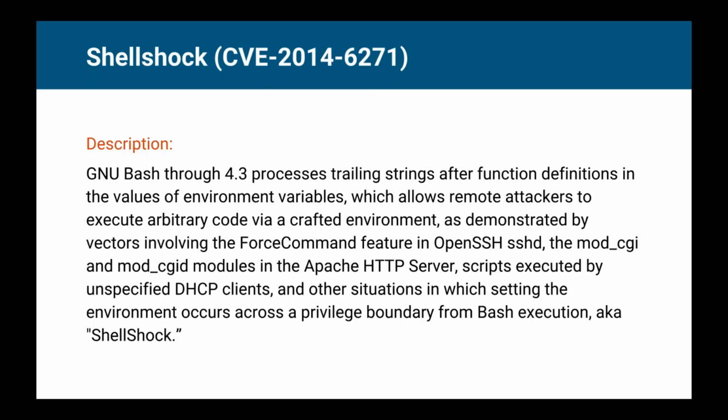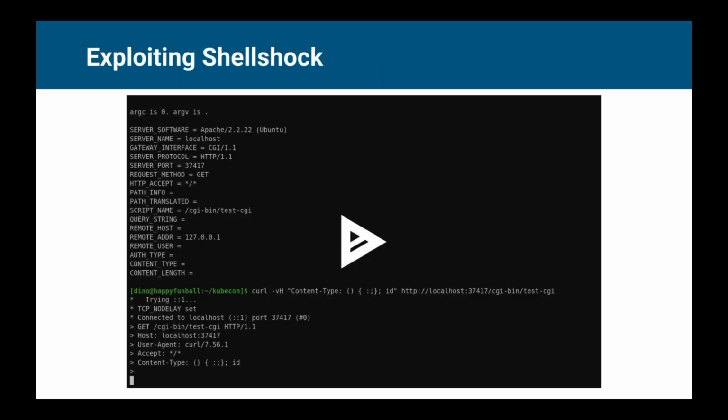And my favorite part about it is that it doesn't require any special tools to exploit, and the crafted input to trigger the vulnerability is relatively readable to people who haven't done a lot of penetration testing or other sort of vulnerability research. So that's what we're going to talk about and demonstrate. So let's show a quick demo of how to exploit this against a container running in Kubernetes.